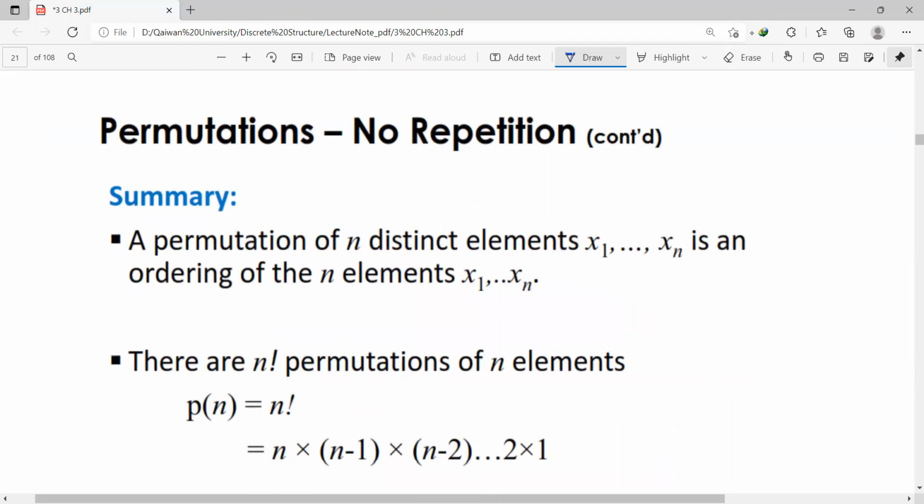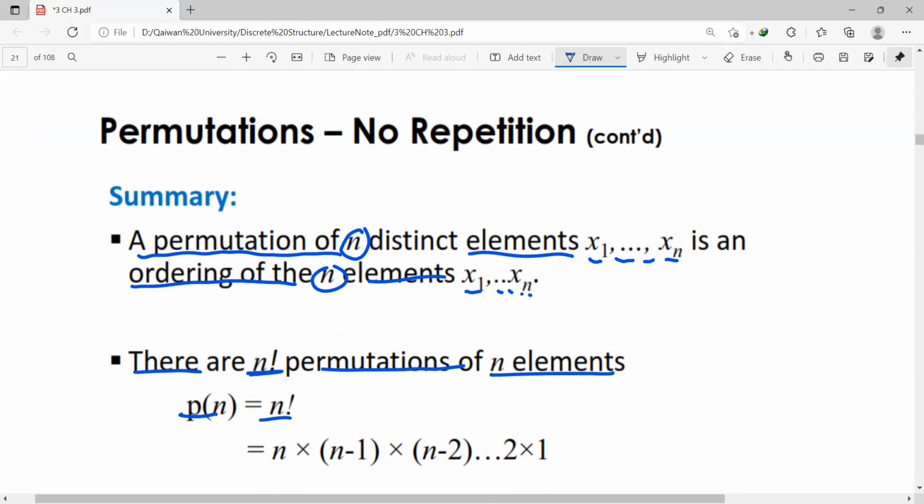We have a summary. A permutation of n distinct elements, x1, x2, x3 up to xn, is an ordering of the n elements x1 up to xn. A permutation is an ordering of elements. There are n factorial permutations of n elements.